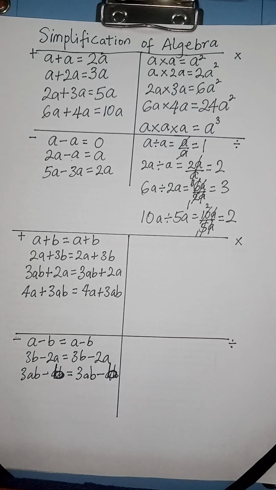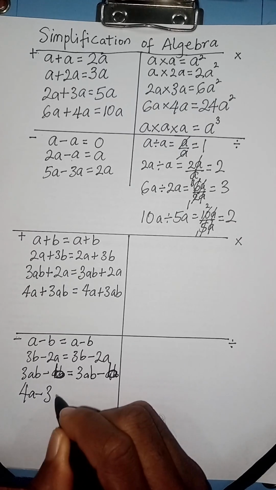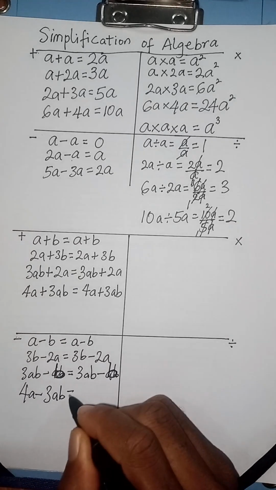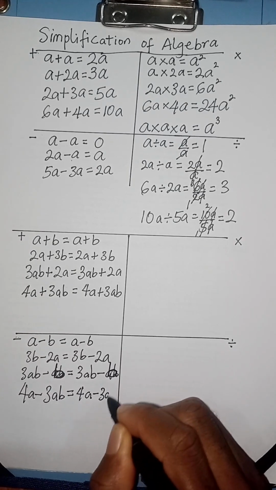So the question is 3AB minus B. They are unlike terms. The result will still be 3AB minus B. If I have 4A minus 3AB, it still will be 4A minus 3AB.